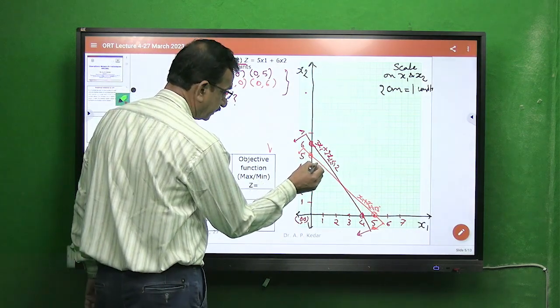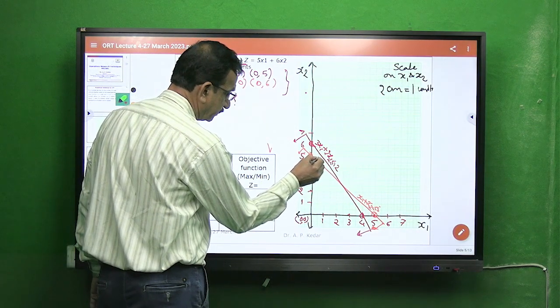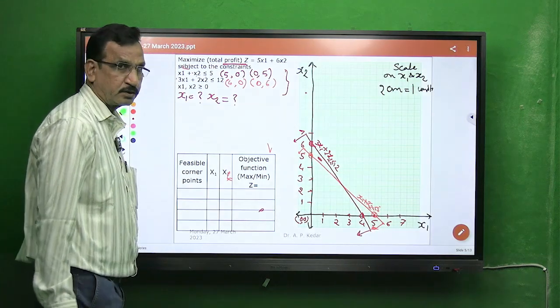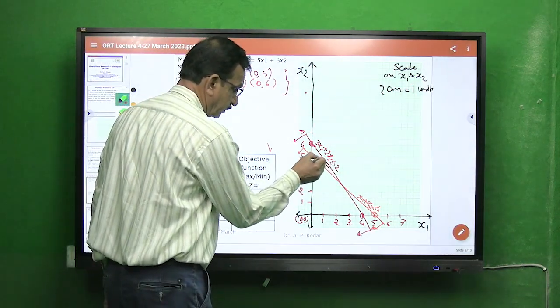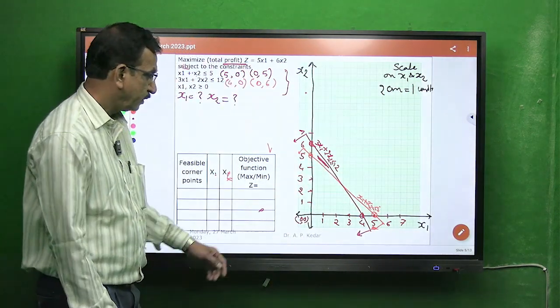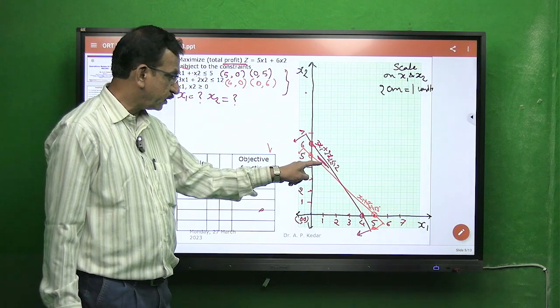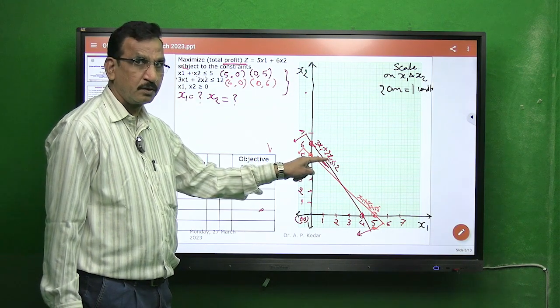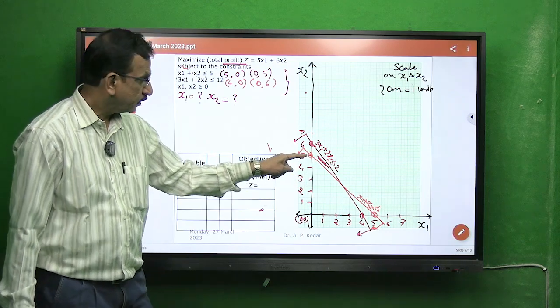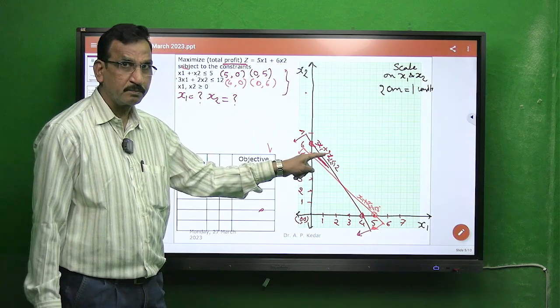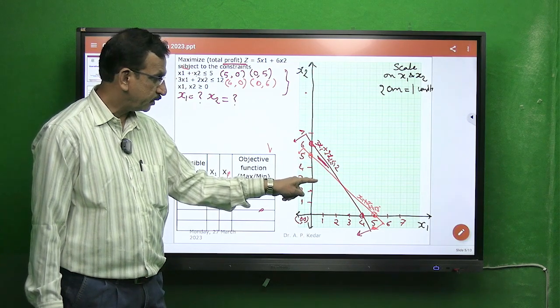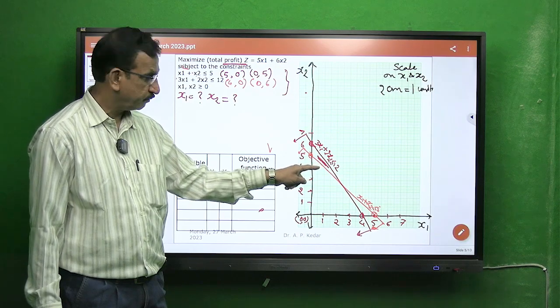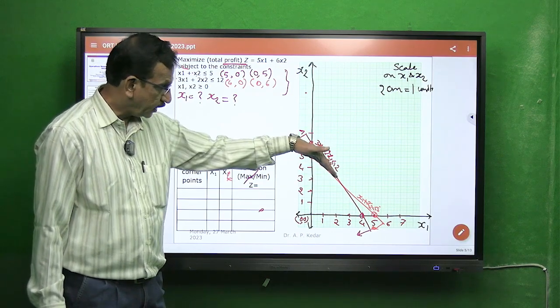If I consider this particular region which I have marked with red pen, this region is satisfied by this line. Very important: this region is satisfied by this line, but not by this line, because this line says area below this.